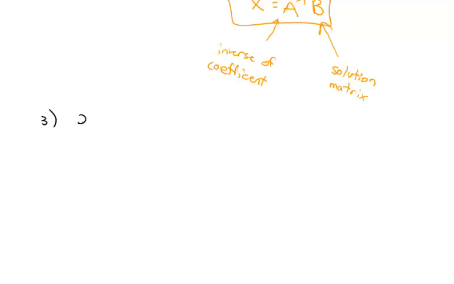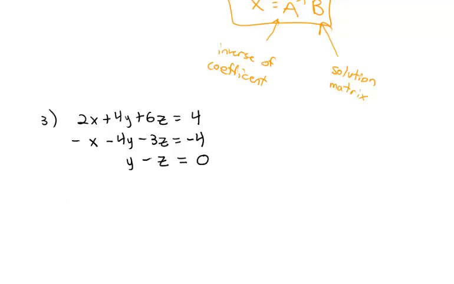2x plus 4y plus 6z equals 4, negative x minus 4y minus 3z equals negative 4, and y minus z equals 0.